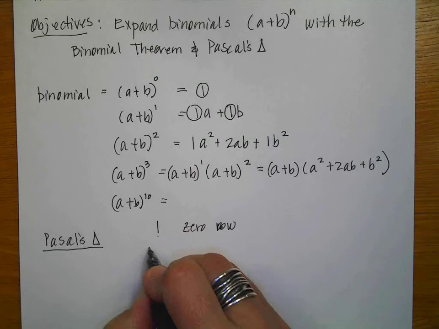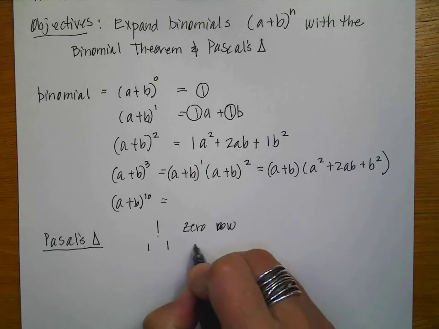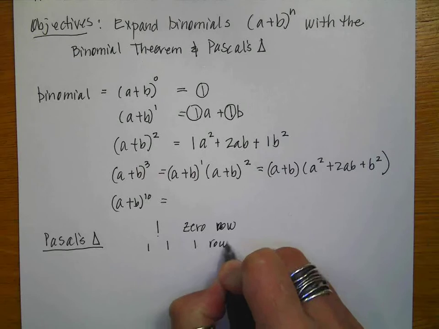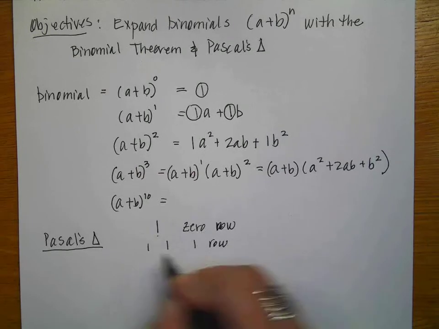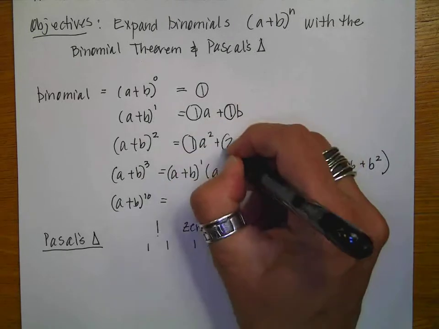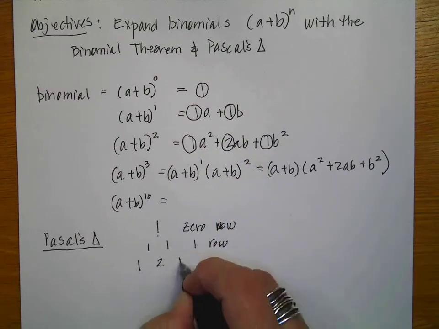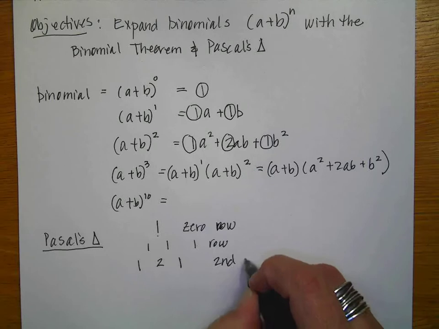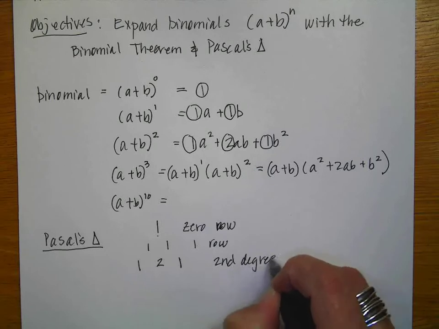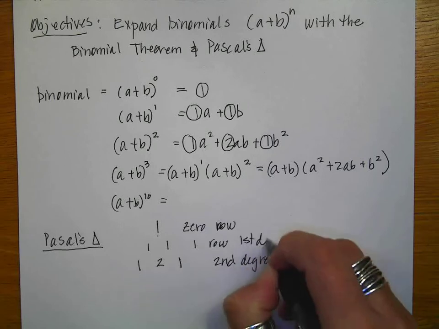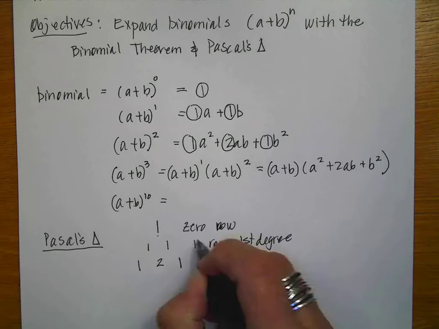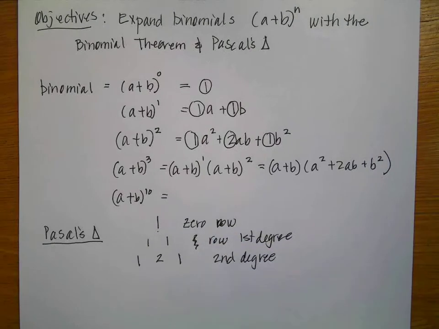And when I did a plus b to the first, I got a 1 and a 1. Well, this is going to be the 1 row. And then when I did a plus b to the second, I got a 1, a 2, and a 1. So 1, 2, 1. This is the second degree. So I guess I should call this the first degree to be more consistent, okay?